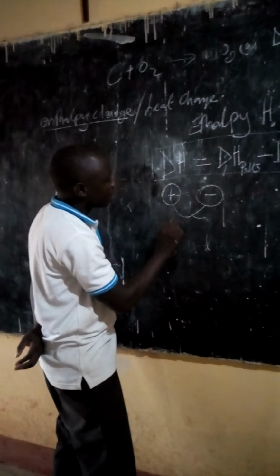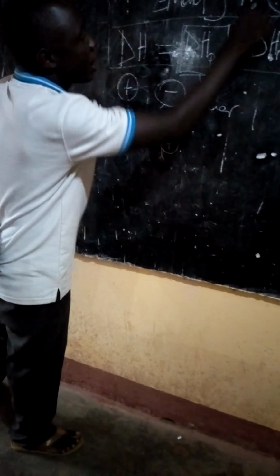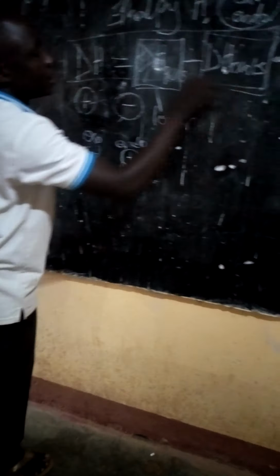So here the heat is liberated to the surroundings, implying that the enthalpies of products are lower and those of reactants are higher.